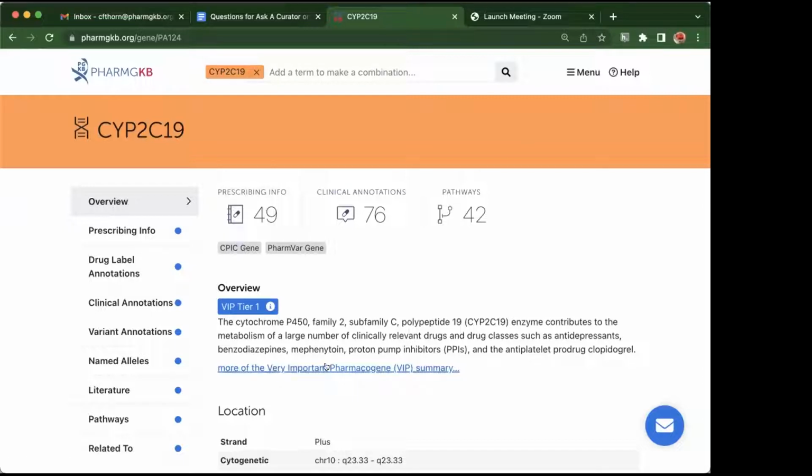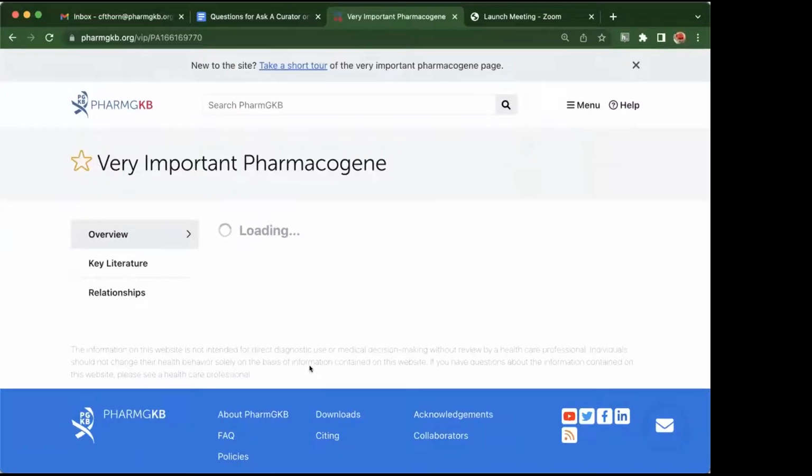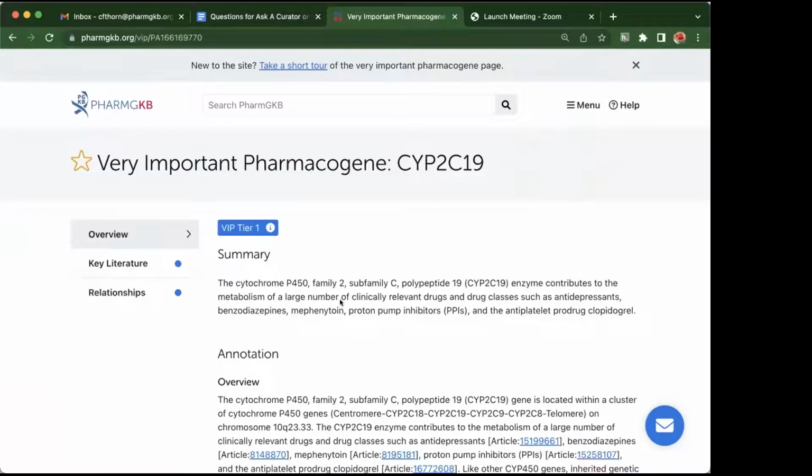We had a question about the VIP summaries. Some of our most very important pharmacogenes, or VIP genes, have a link in the center here to a summary. Many of these were written as kind of a review article. They're published in the PG&G Journal.